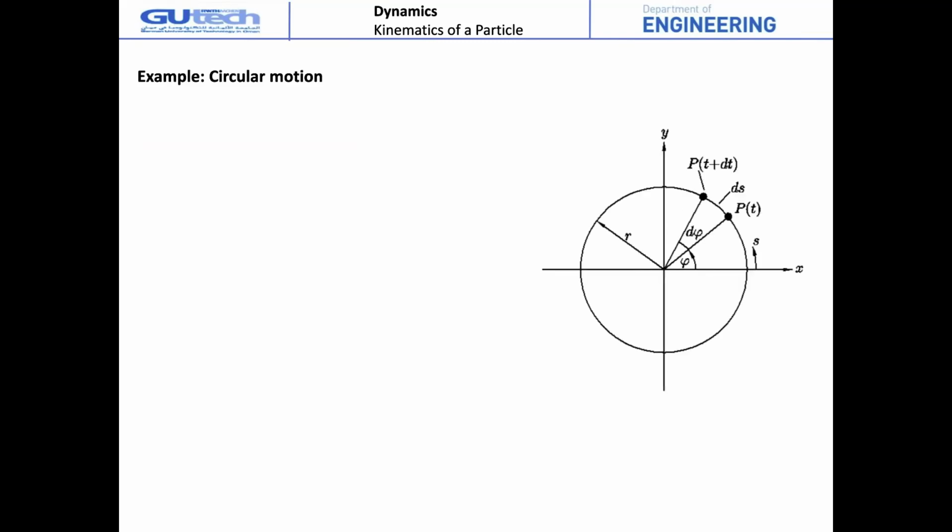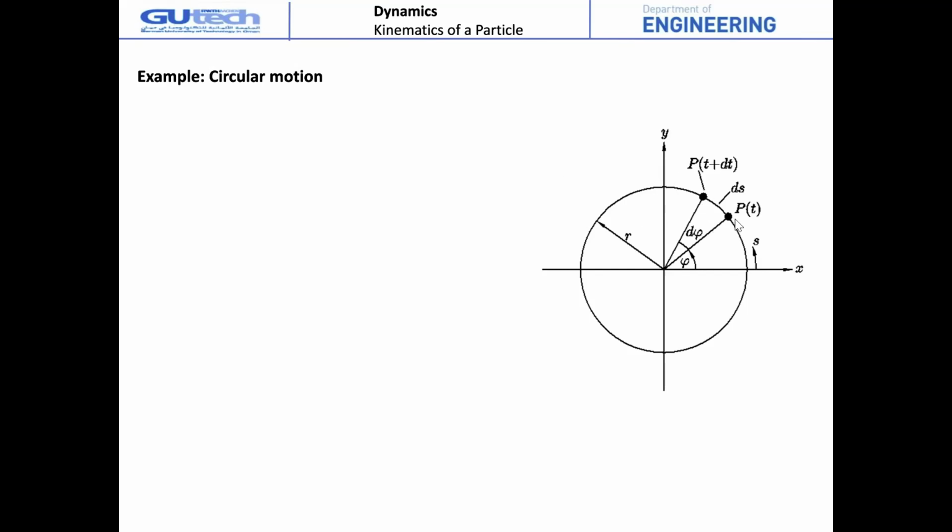We take the example of circular motion. That means in this case the vector r is constant. It's the radius of the circle.